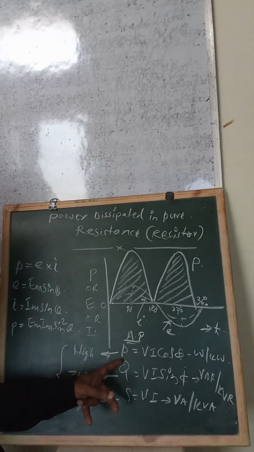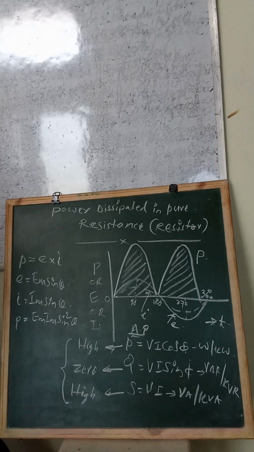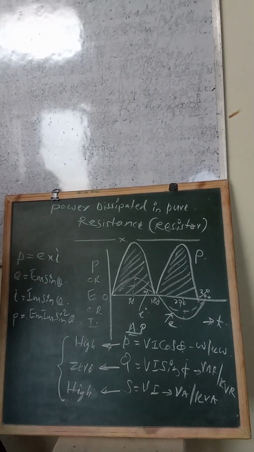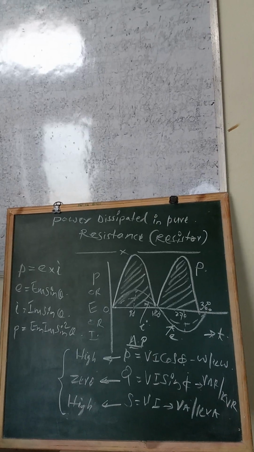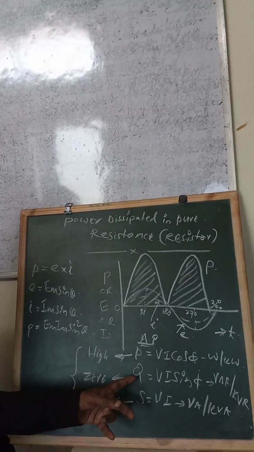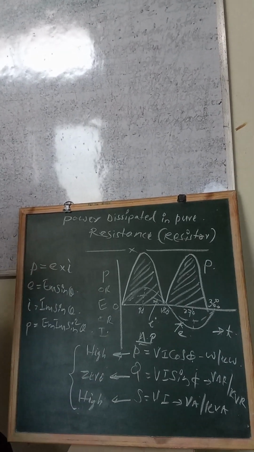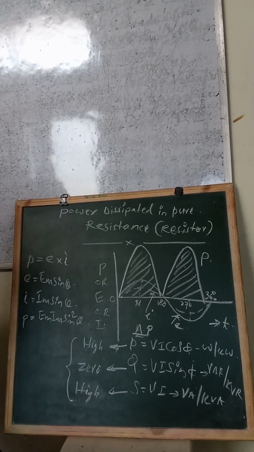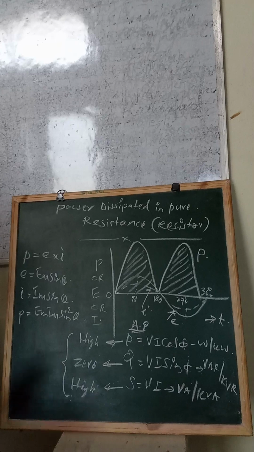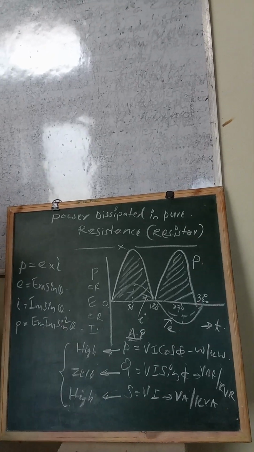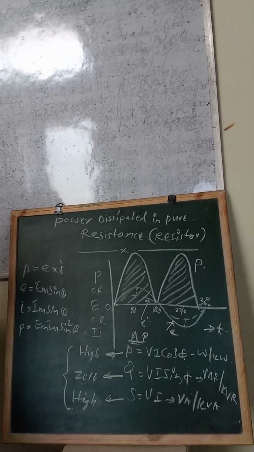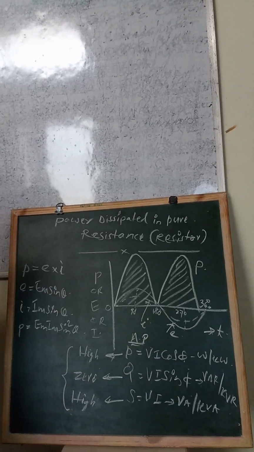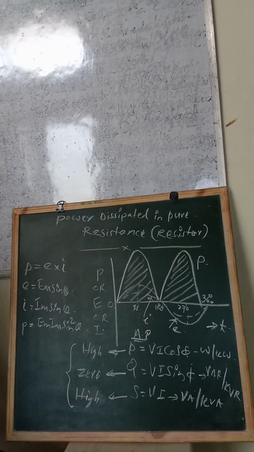Active power is called the dissipated power, that will do the work, whereas the reactive power, denoted by Q and expressed as Vi sin phi, is measured in volt ampere reactive or kilovolt ampere reactive, whichever is necessary. Whereas the apparent or total power is the product of the actual voltage as well as the current.